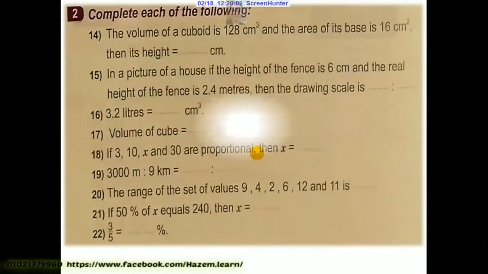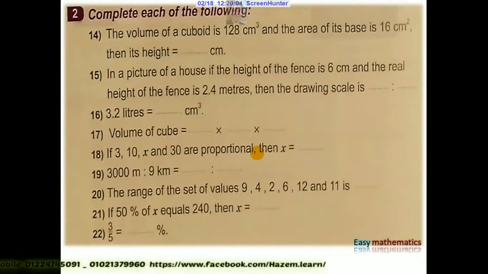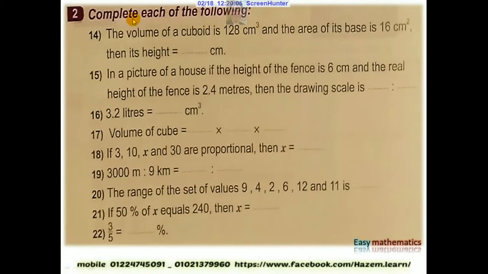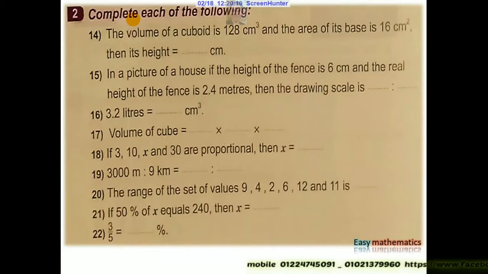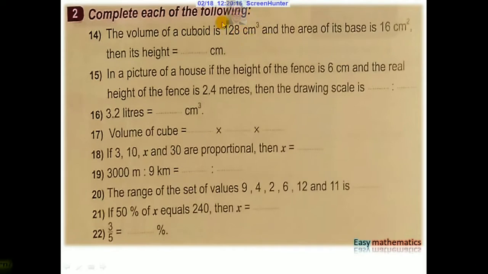Let's see more exercises. Exercise number 2 from the Easy Mathematics page. Complete each of the following. The volume of a cuboid is 128 cubic centimeters. We must write above this number V, which means this is the volume of the cuboid, and he gave me the area of its base equals 16 centimeters square, which means base area.